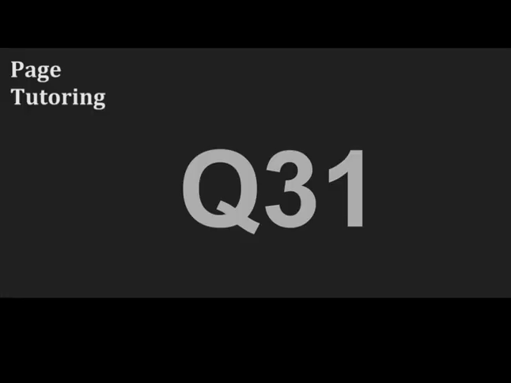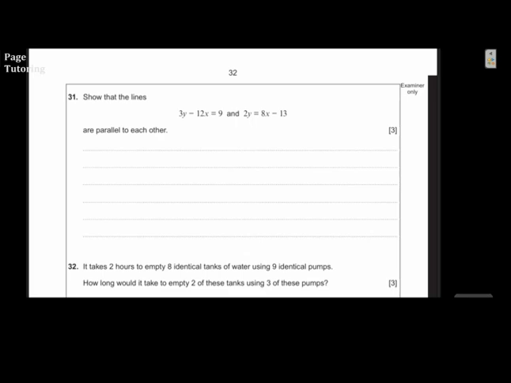So question 31. It's asking you to show that the 2 lines below are parallel to each other. So we know that this is a simultaneous equation. But starting by looking at these simultaneous equations and these line equations, they're not in the form of y.